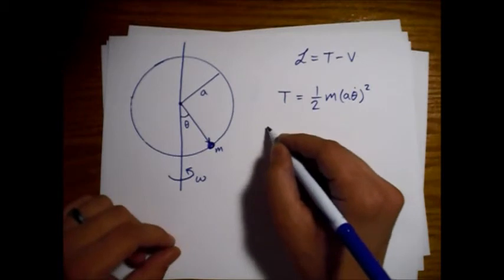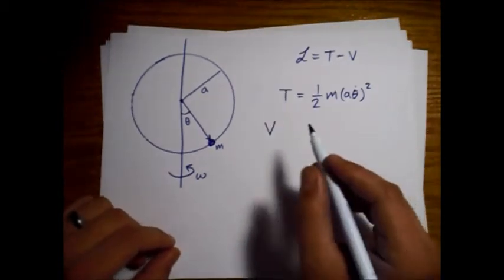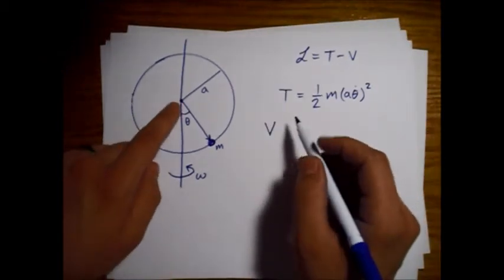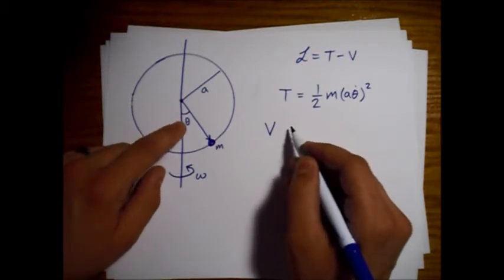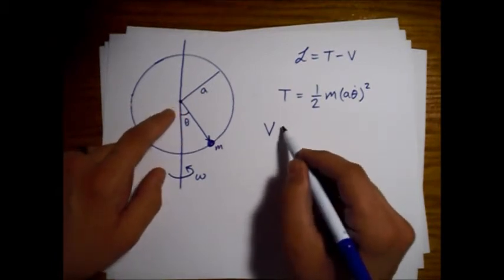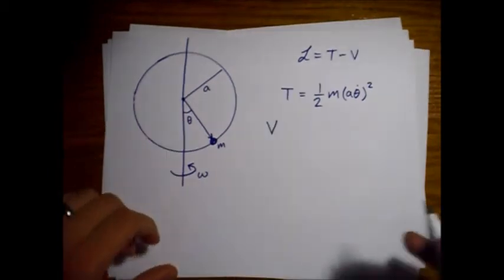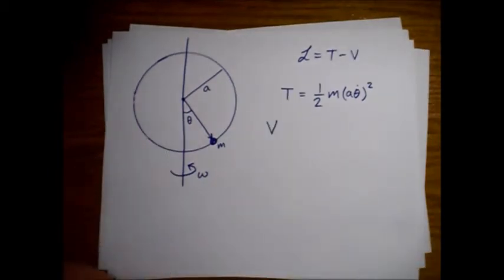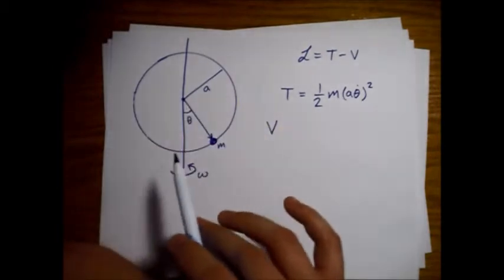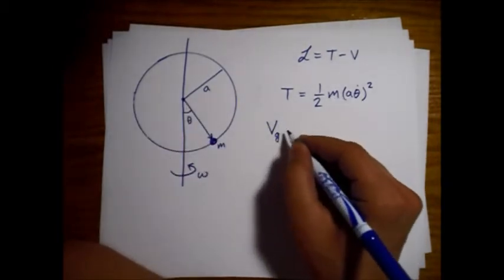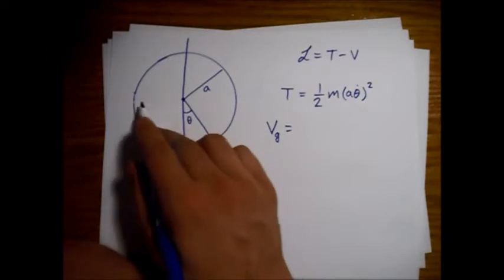For our potential energy, we'll have gravitational potential energy, but then we'll also have this weird potential energy that comes from this fictitious force. Let's just do gravitational real quick. It's much easier.